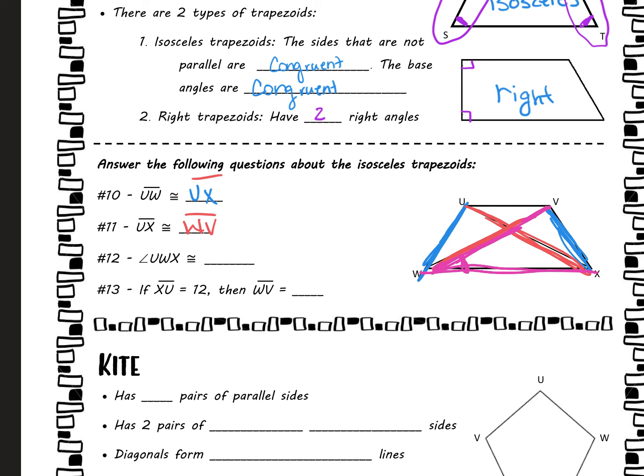So I'll do this in U, X, W. All right. And then if XU equals 12, then WV also is going to equal 12.